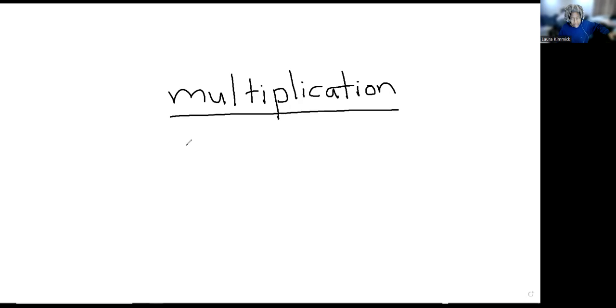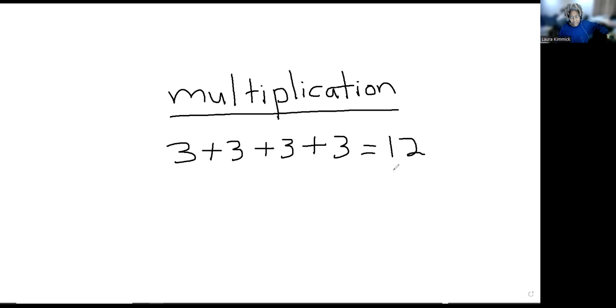So for example, we can do 3 plus 3 plus 3 plus 3 plus 3, which equals 12.